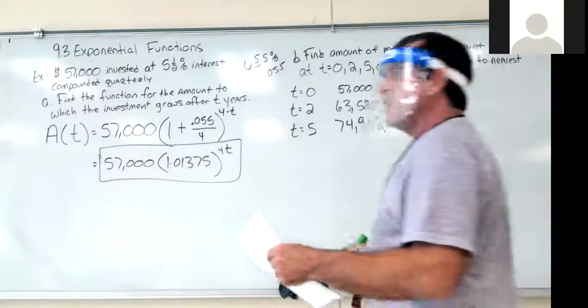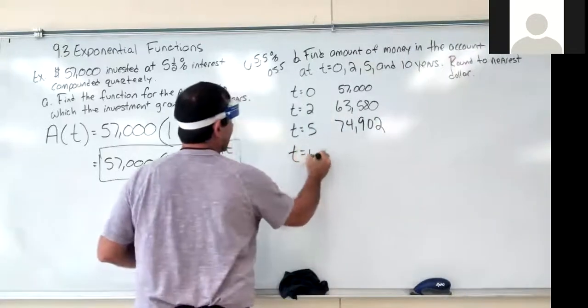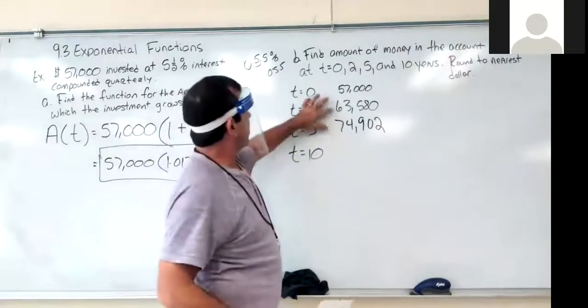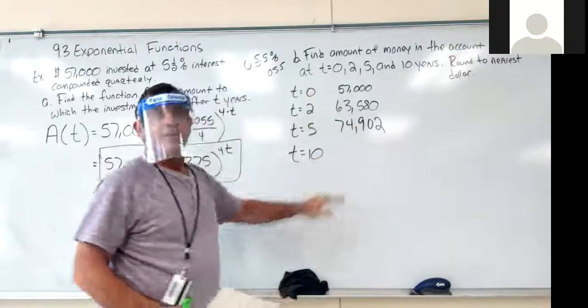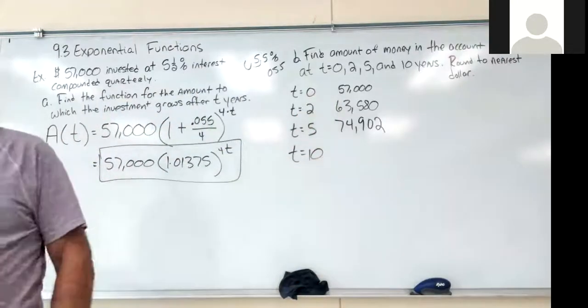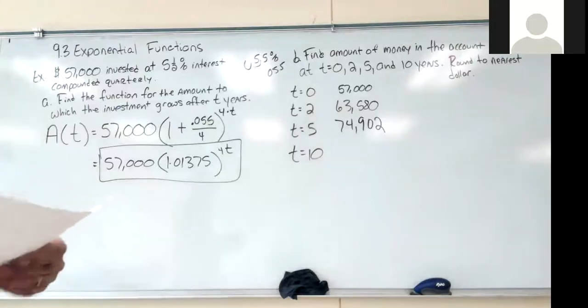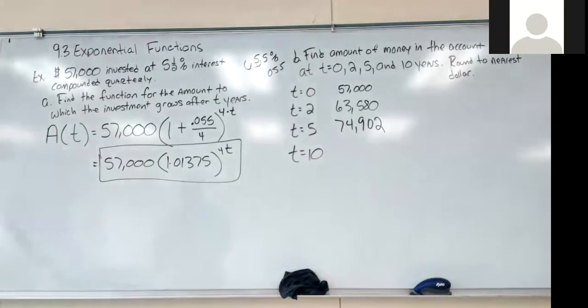And then finally, 10 years. Now, that's almost 17,000 you made in 5 years. I'd expect a little bit more for 10. So 57,000 times 1.01375.